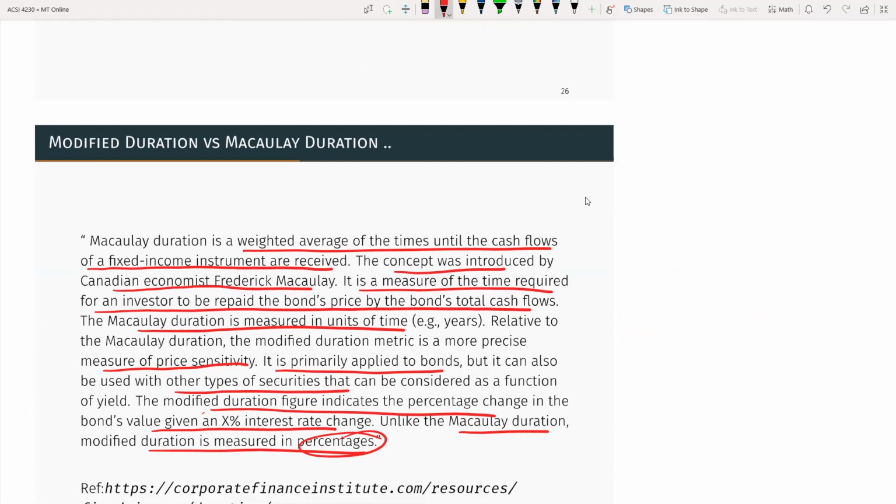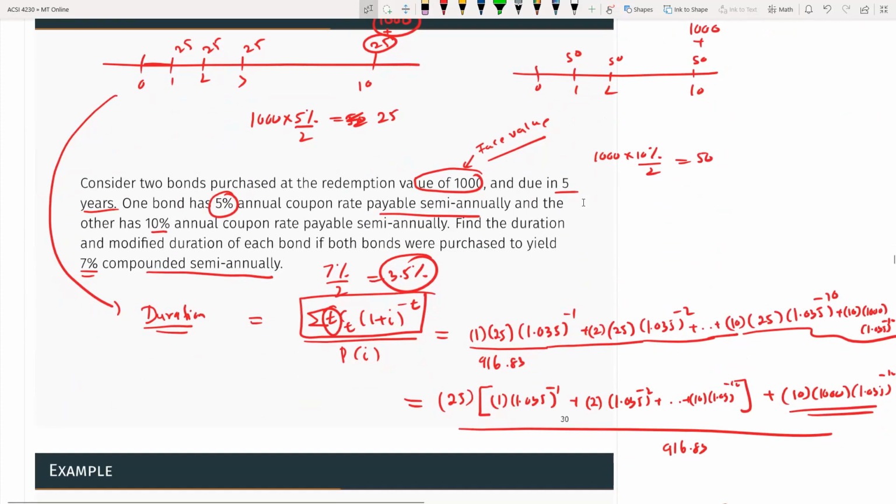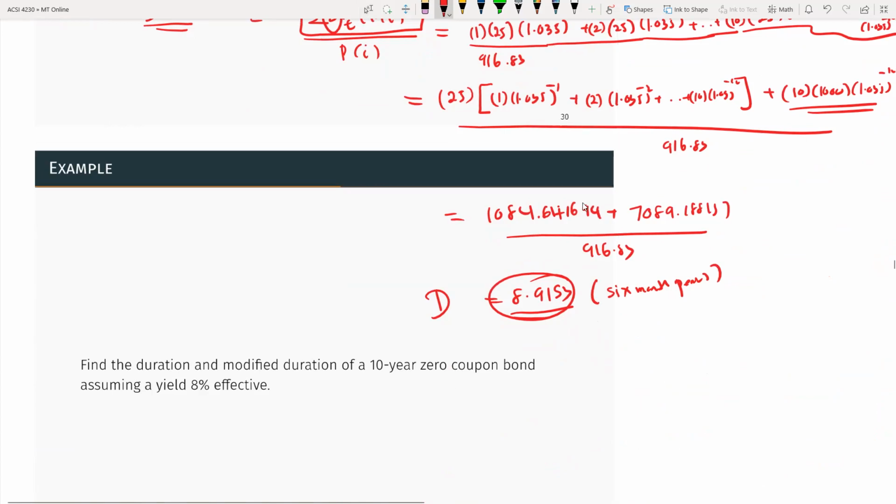8.91 units is required for an investor to be repaid the bond's price by the bond's total cash flow. You remember the macro duration definition. Now from there you can get the modified duration, which is D divided by 1 plus i.